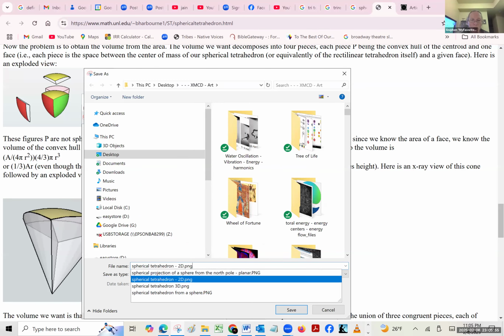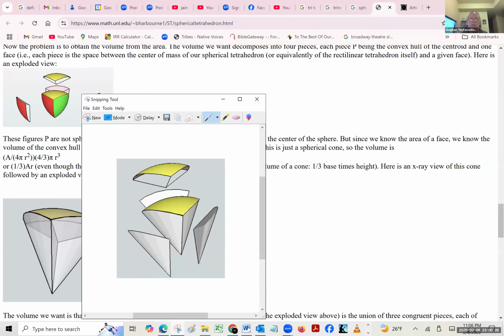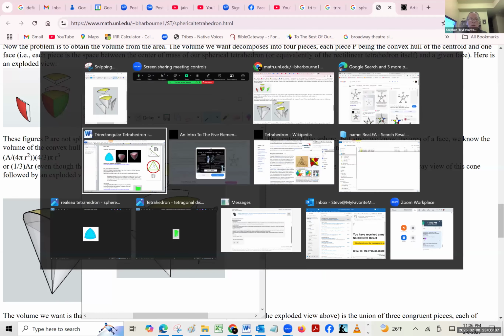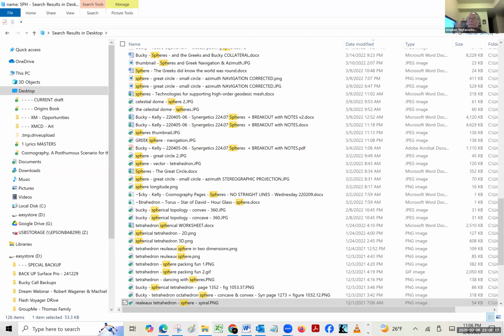Oh, spherical tetrahedron. Oh my gosh, I evidently have some in here already. I'll call that number 2, and then I'll come back over here and do a search for spherical. Again, if I go back to my mouse, everything's working better. Spherical.